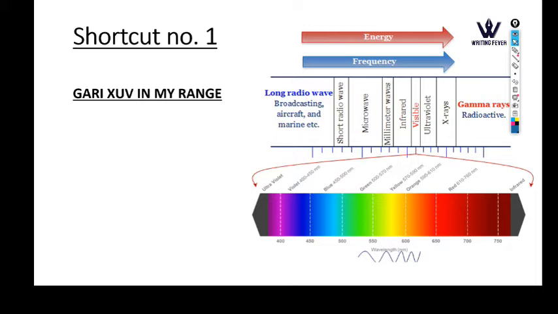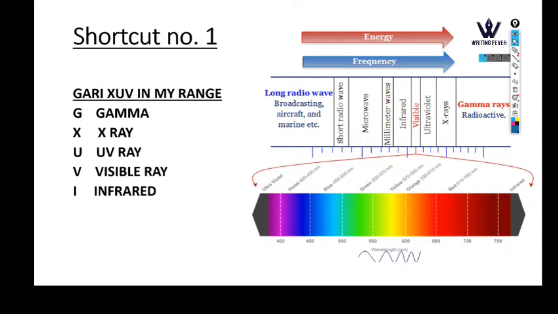So the term Z is used to indicate the word gamma, and X indicates the X-ray, U indicates the UV ray, V indicates the visible, I indicates the infrared, M indicates the microwave, and R indicates the radio wave.